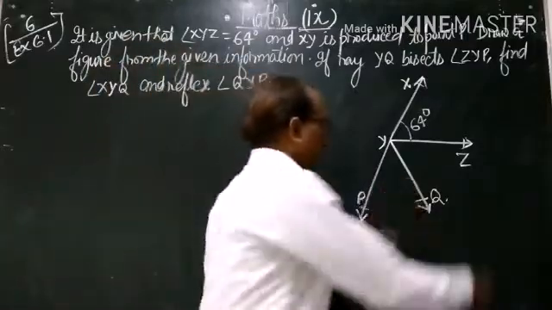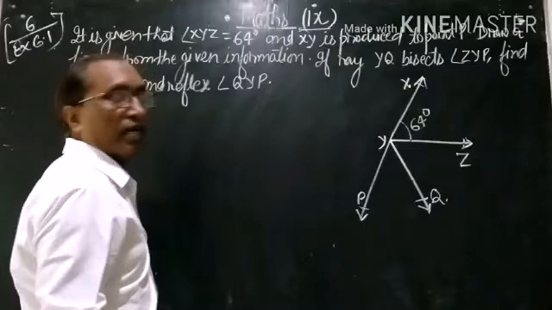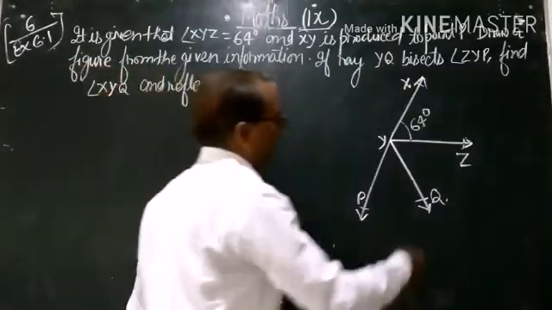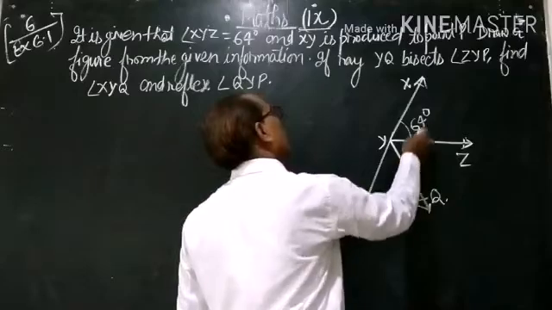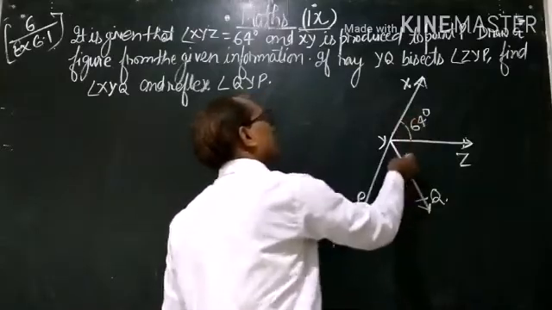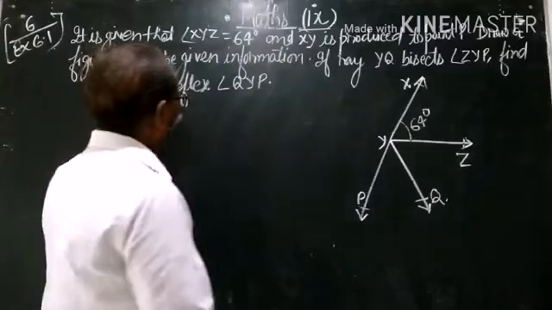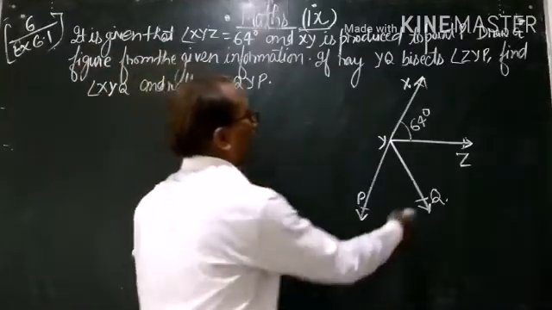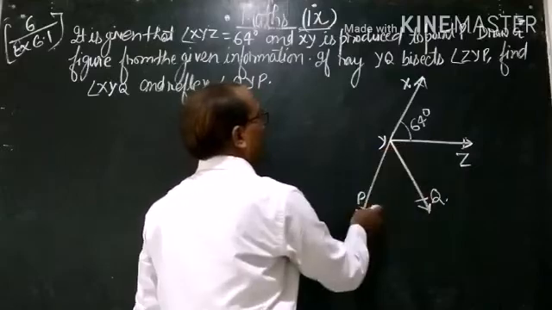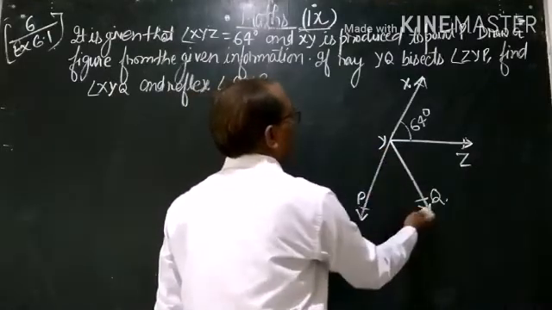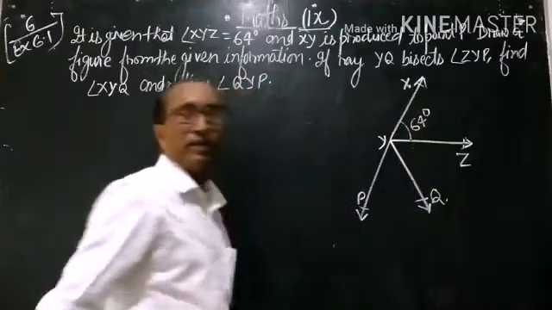This is bisector of angle ZYP. Find angle XYQ. Find angle XYQ means this angle. You find this measurement of this angle. And also you find reflex angle QYP, means first of all you find QYP, then you find reflex of QYP, means this angle.